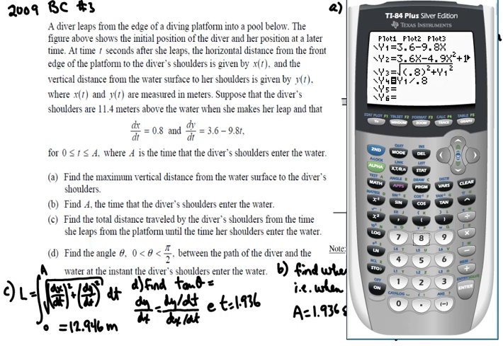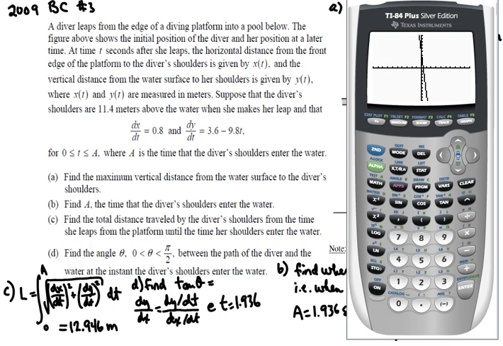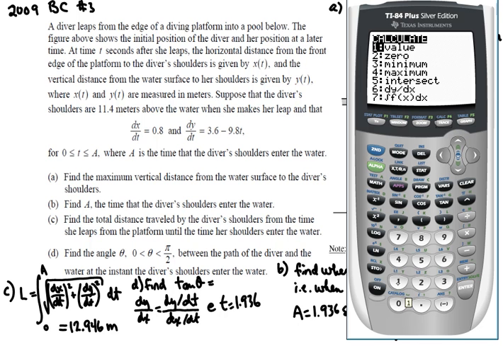So I'm going to go ahead and zoom standard, and I'm looking for the value of that curve when t is equal to a. So I'm going to do second value and type in a.